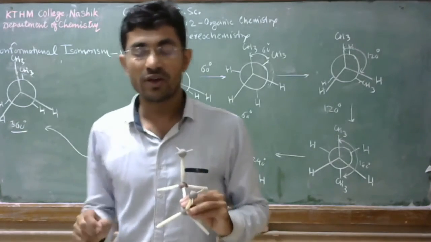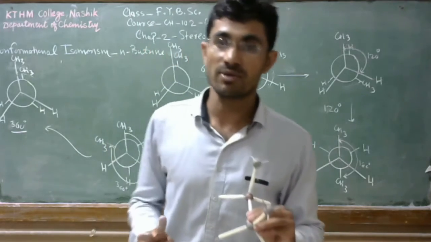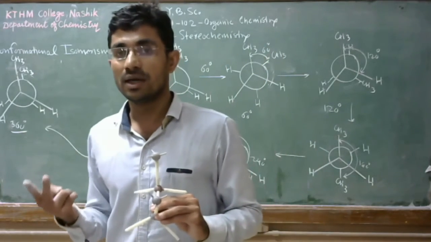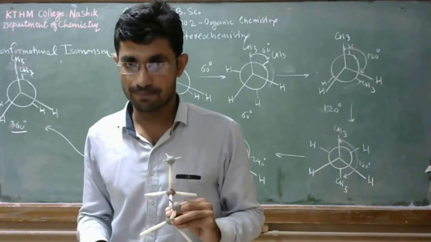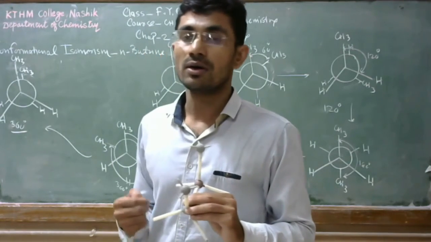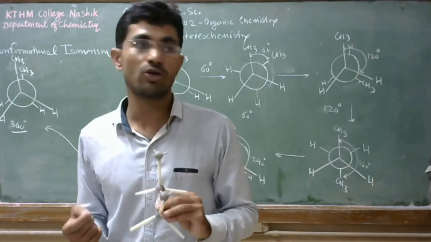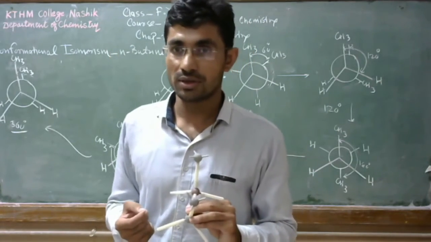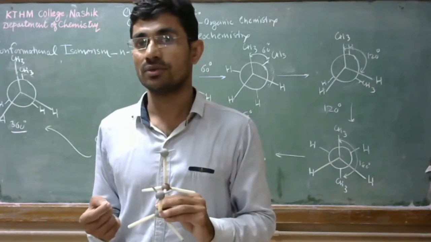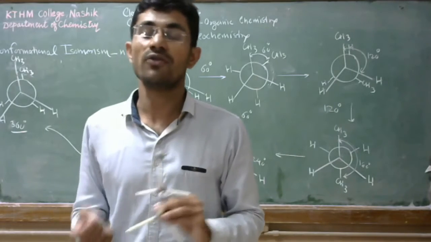Before that, you know very well that in the ethane molecule only two conformations are possible, that is eclipse and staggered, depending upon the neighboring group hydrogens being maximum close to each other or away from each other.